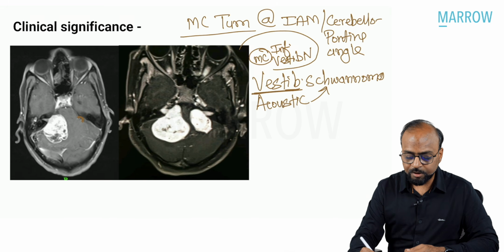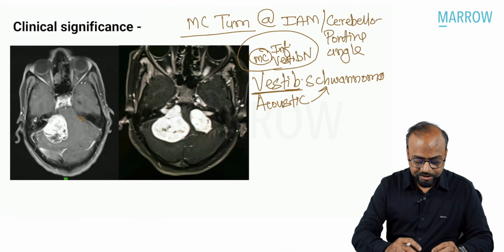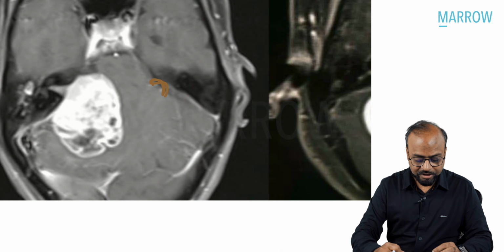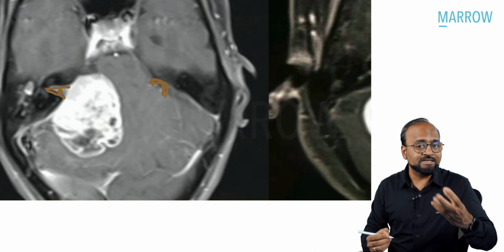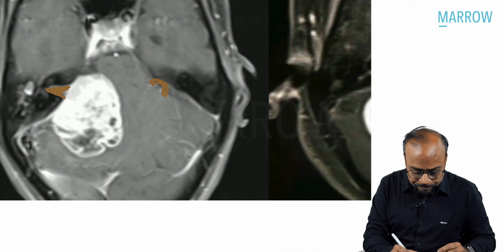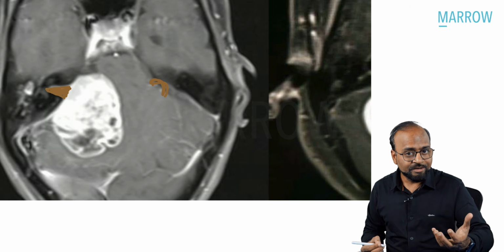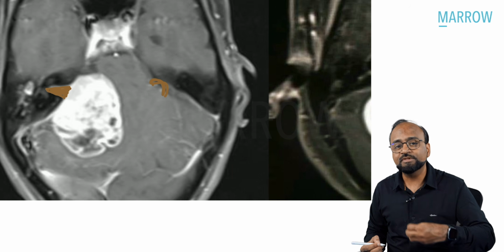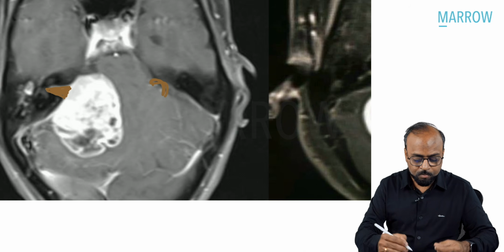So the patient typically presents with deafness, and see how interestingly it spreads. If you look at this particular area, this is the internal auditory meatus, and this is where the tumor actually begins. Now as it grows, it is going to completely fill up the internal auditory meatus, but then it will spread along the path of least resistance. So it will come out of the canal, go into the cerebellopontine angle.